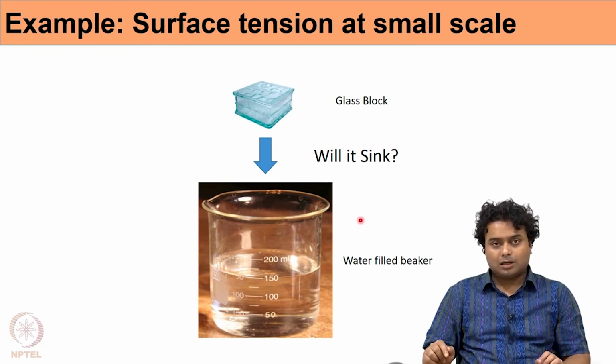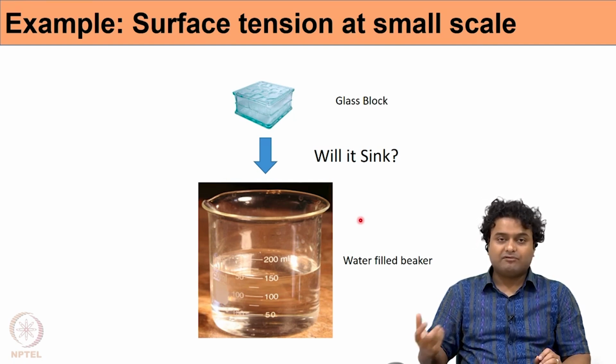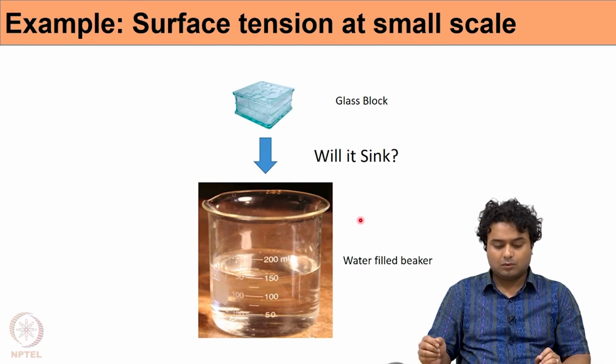For that we will take a simple glass of water and a glass block which has a very high density compared to the water. Now the question is, will the block sink or not? To answer this question we will work it out on paper. So we have a glass beaker, and inside the beaker we have water.